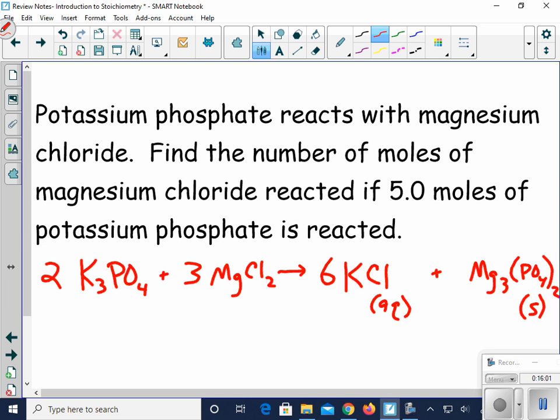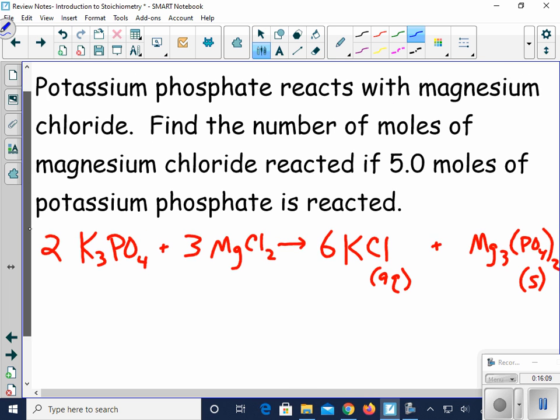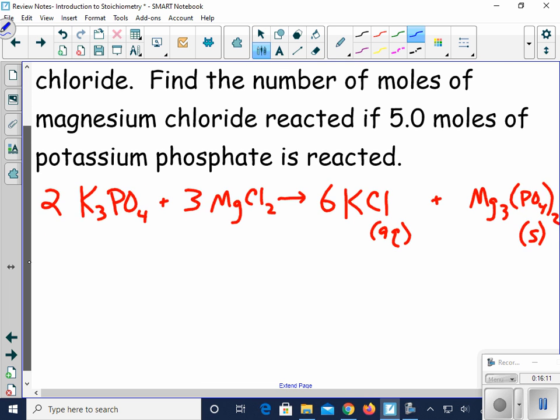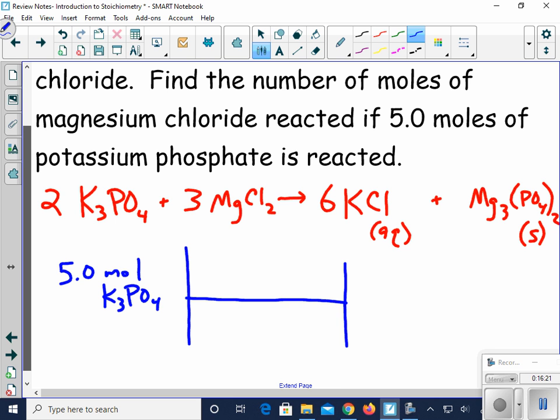Okay. Now I can get into the meat of the problem, the numbers. So I have 5 moles of potassium phosphate. I want to find the number of moles of magnesium chloride.